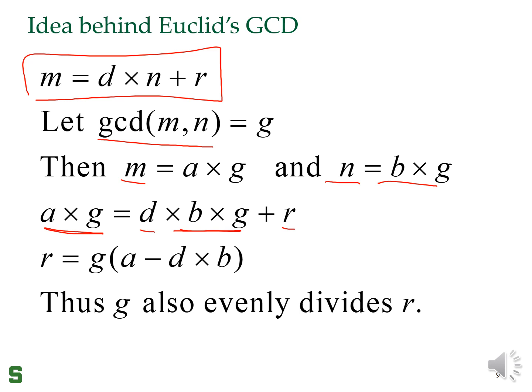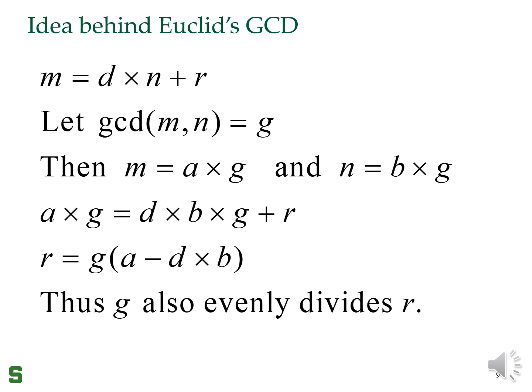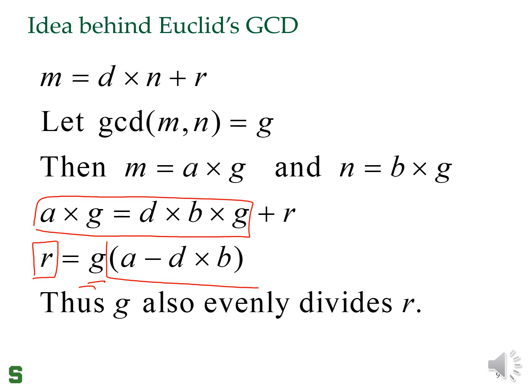Note that I can write r in terms of these other two terms, and both of these terms have a factor g in them, so I can take it common. That means I will get r is equal to g times (a minus d times b). This means that g is also a factor of r.